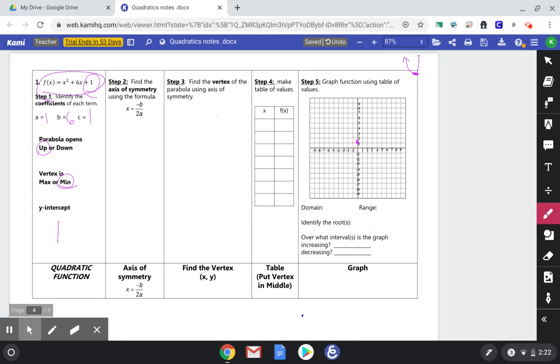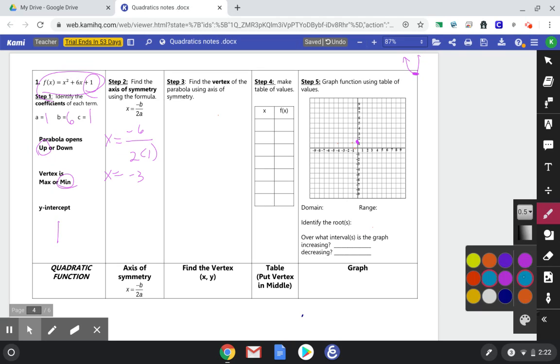Okay, so the next thing I'm going to do is find that axis of symmetry. So I'm going to do negative 6 over 2 times 1, and that gives me -3. X equals -3.